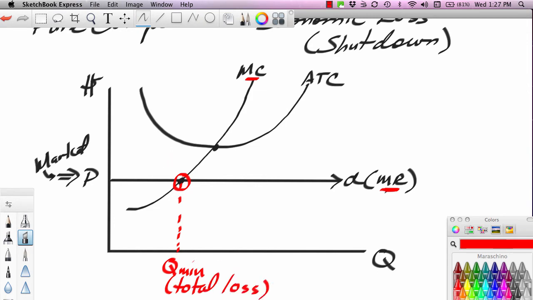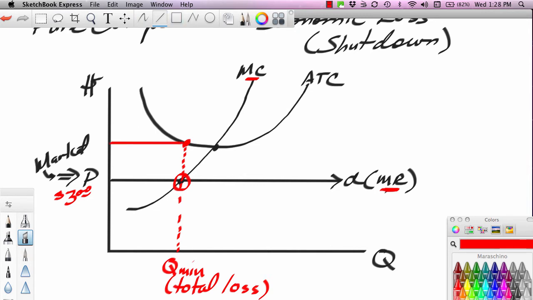Now, we see that the price is down here. Maybe the price is, I'll say that this is $3 a bushel. The price is down here, but the average total cost is way up here. So we read up here. Now let me just use a line function here so I can get this nice and straight across here.